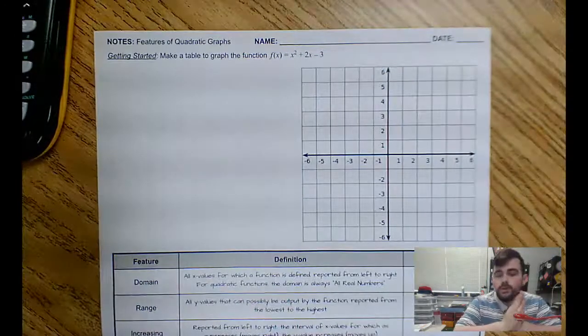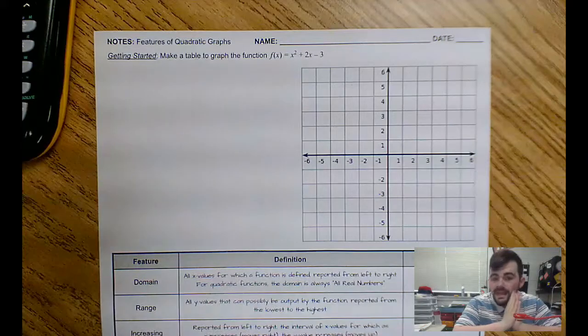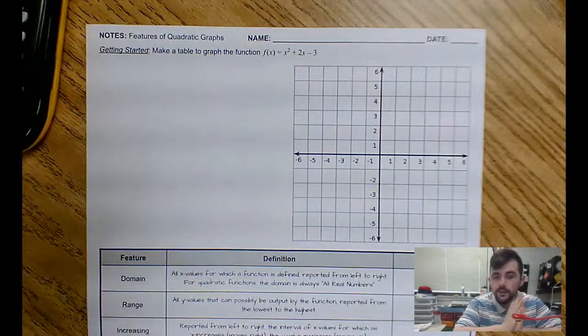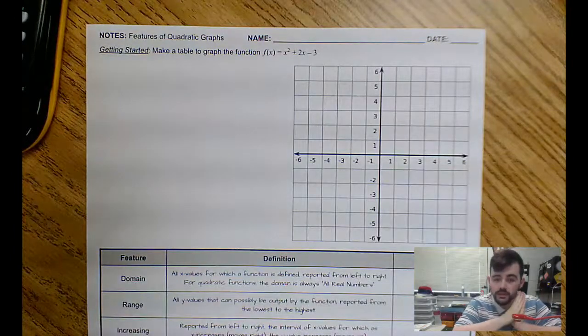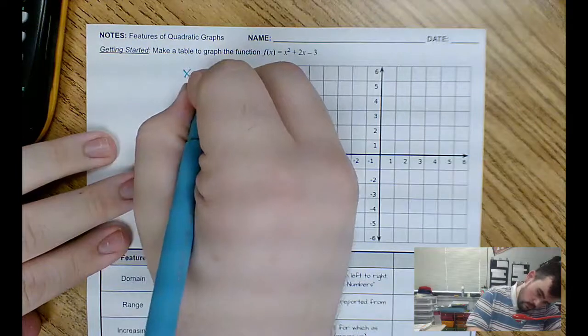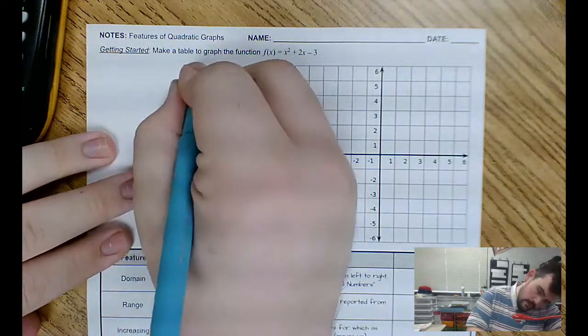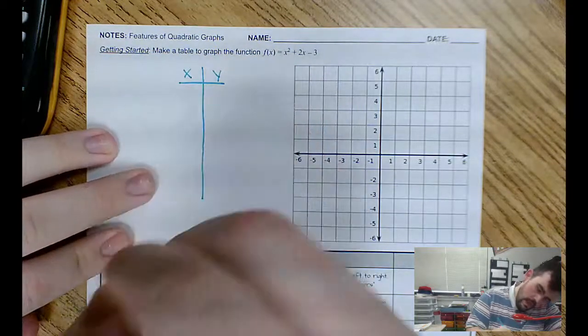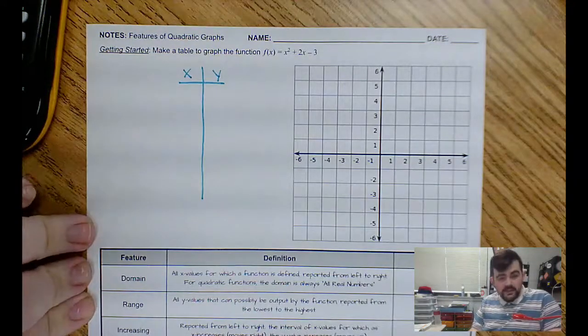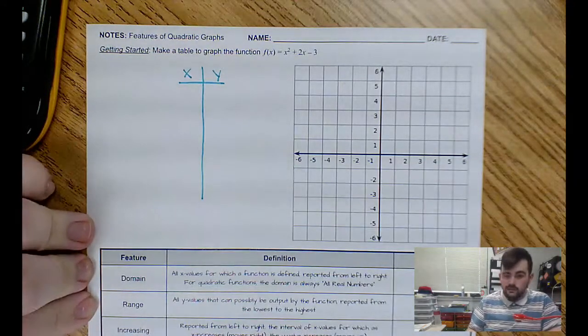So what we're going to do is graph this guy by making a table. Now, to make a table by hand, what you'd have to do is draw a little t-chart, which we can go ahead and do, and then pick out some x values, then plug those x values back in to get some y values.